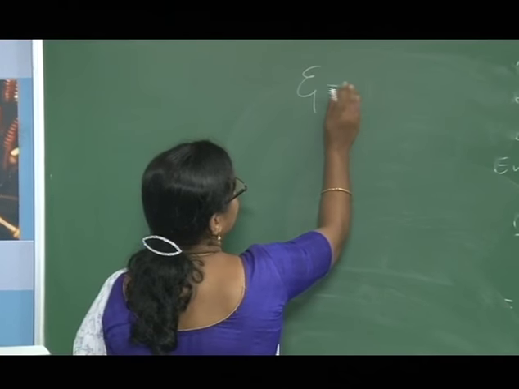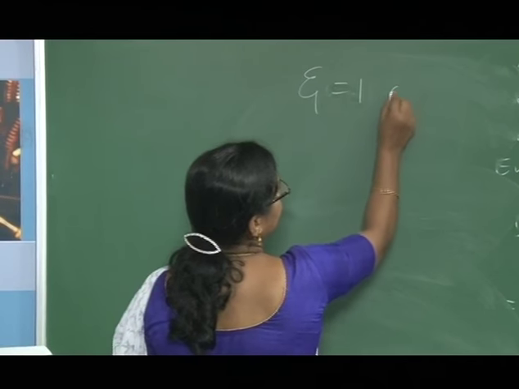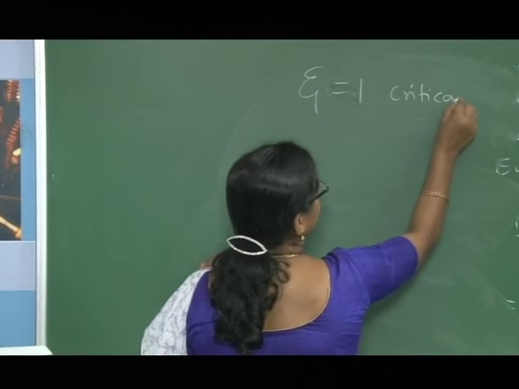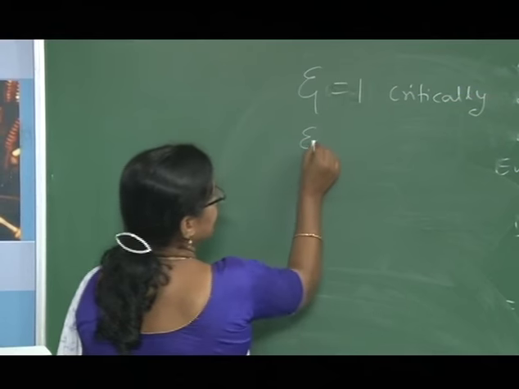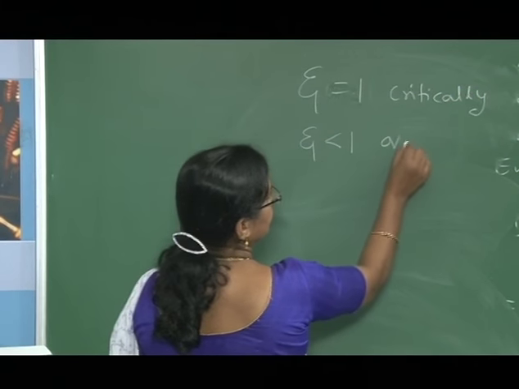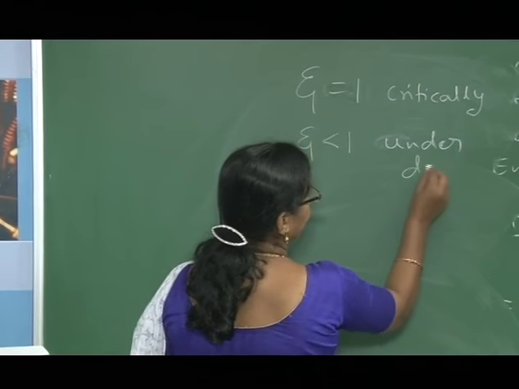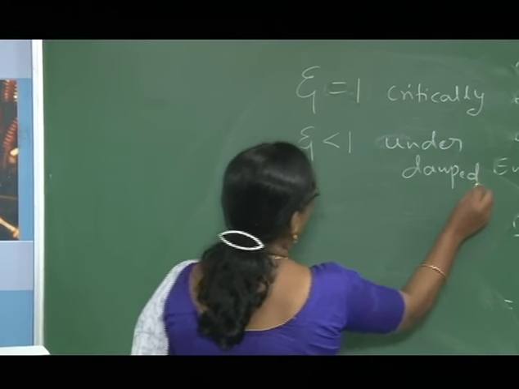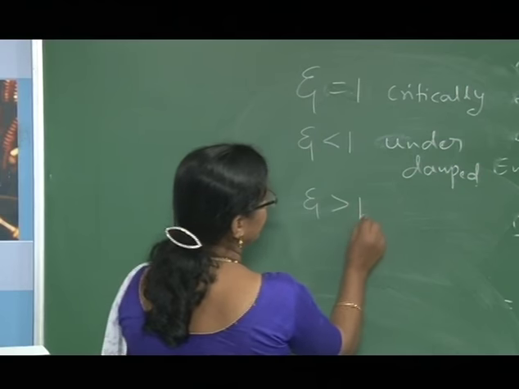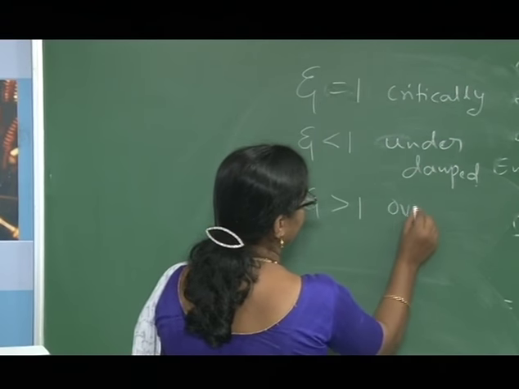When zeta is equal to 1, it is critically damped. When zeta is less than 1, it is under damped. When zeta is greater than 1, it is over damped.